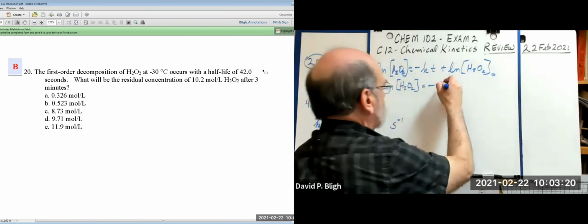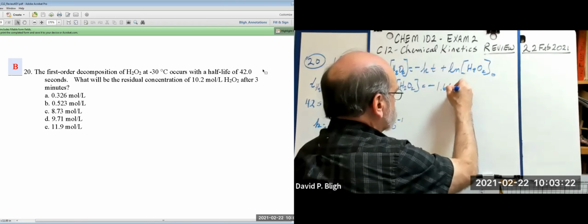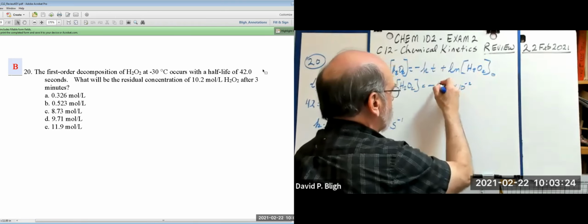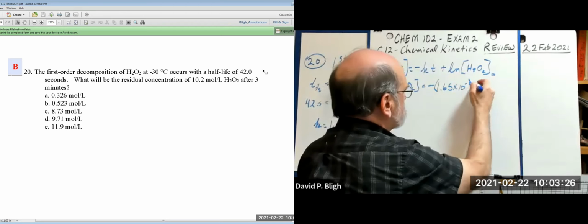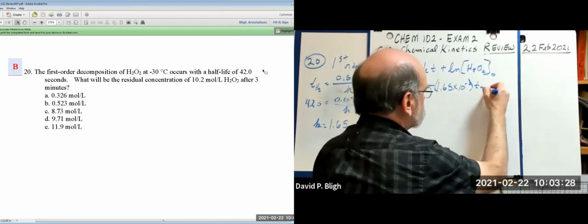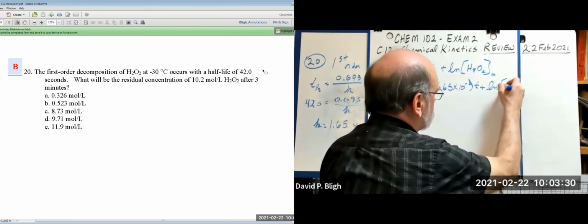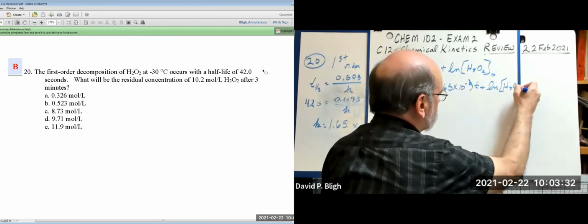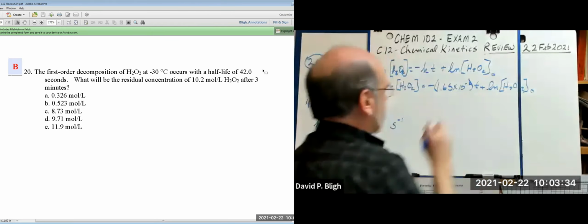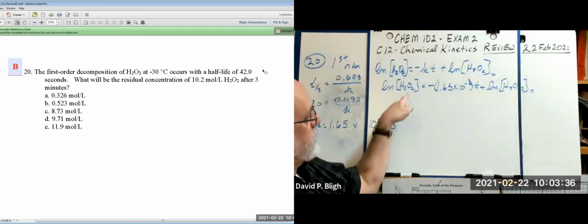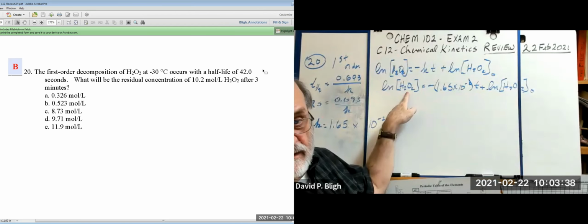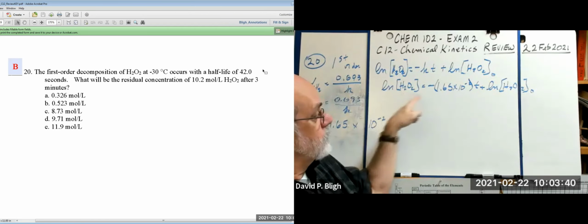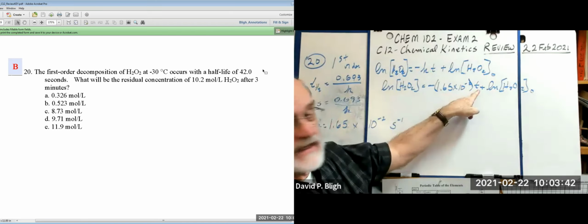Minus 1.65 times 10 to the minus 2 t plus, okay. Now we're going to solve for that value. Now that we have our equation with our k value, then we just need a time.